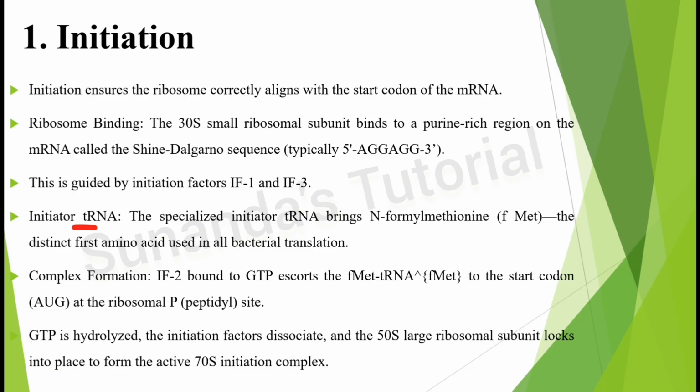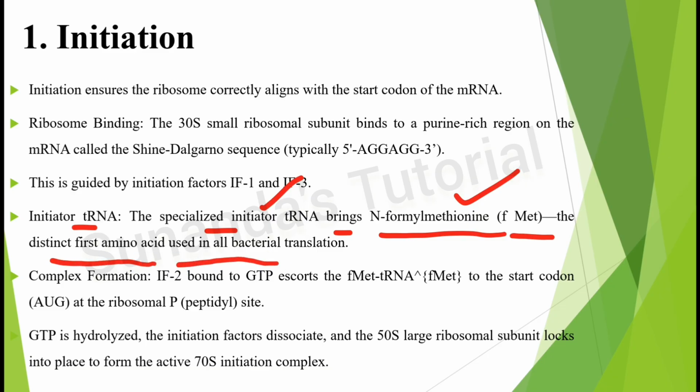The specialized initiator tRNA brings N-formyl methionine, fMet, the distinct first amino acid used in all bacterial translation. The start codon is AUG, which codes for methionine.